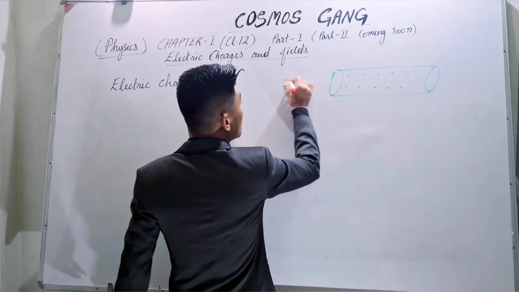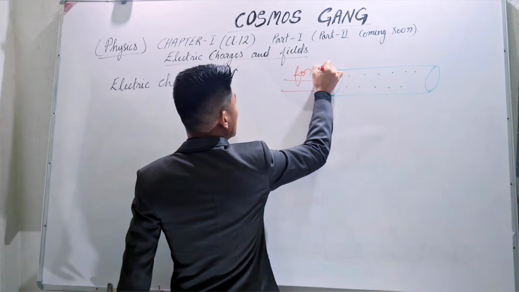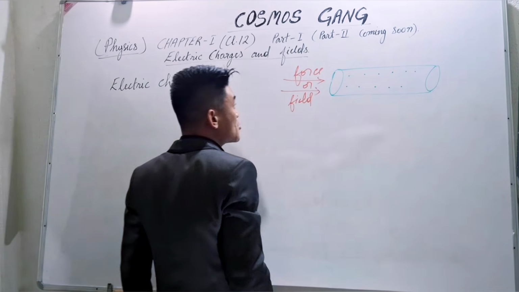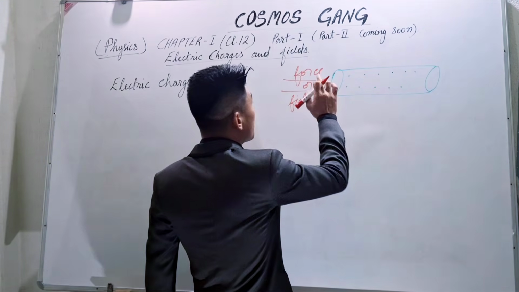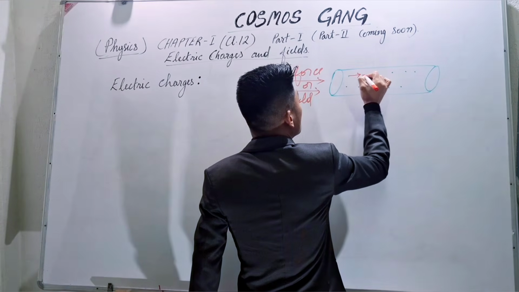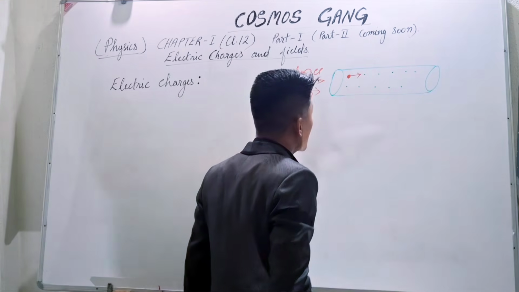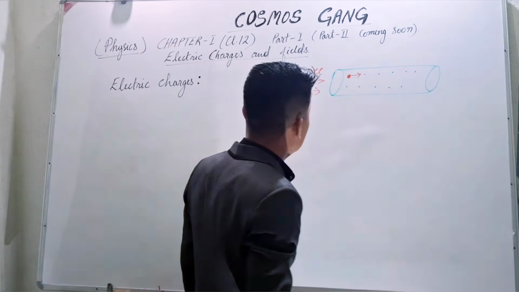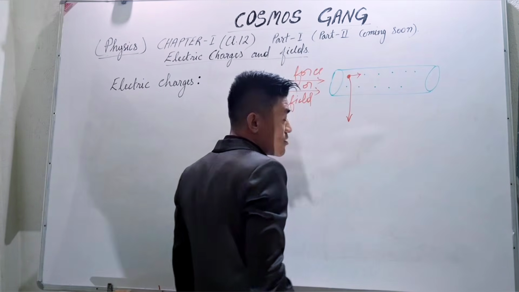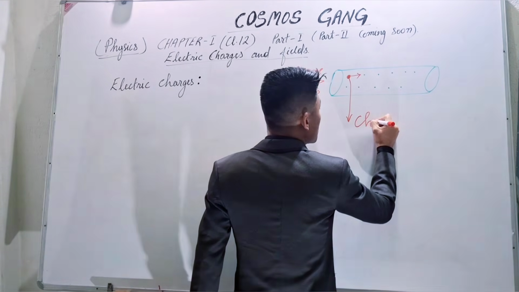When an external force or field is applied to it, due to the effect of the force or field, this particle starts moving, and because of this motion, electric current is produced. Then this particle, whose movement produces electric current, are called as charges.